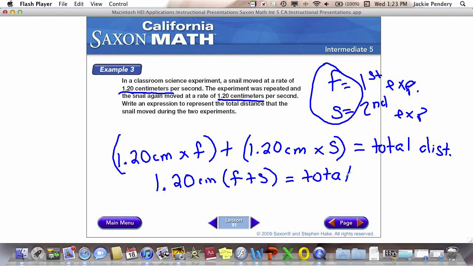Okay, so refer back to this. I can also take this and reduce 1.20 even further to 1.2 centimeters times F plus S. All right, that's it. Off to your lesson practice. I'll see you tomorrow.